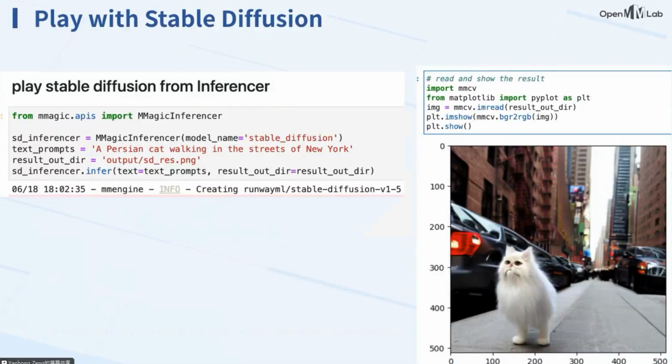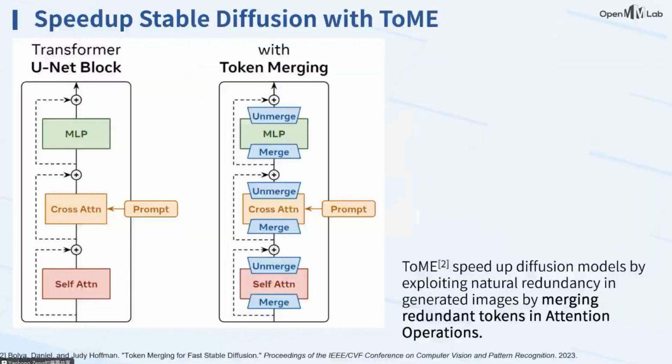And then I think many users are suffering from the long inference time of stable diffusion. So many researchers have studied improving the efficiency of stable diffusion. Here, ToMe is an amazing work that speeds up diffusion models by exploiting natural redundancy in generated images by merging redundant tokens in attention operations.